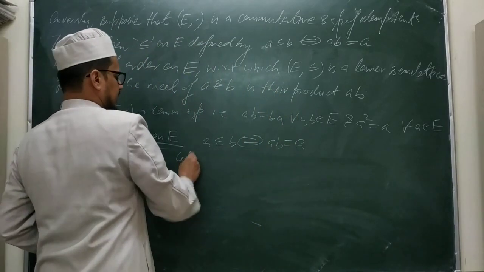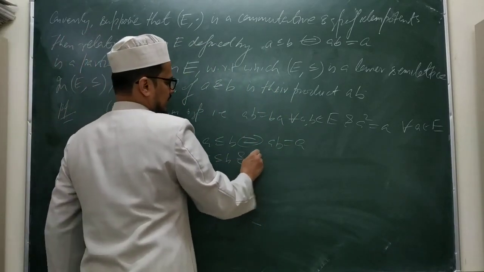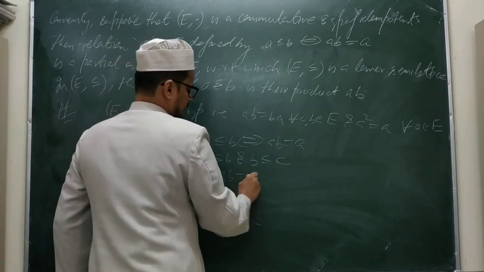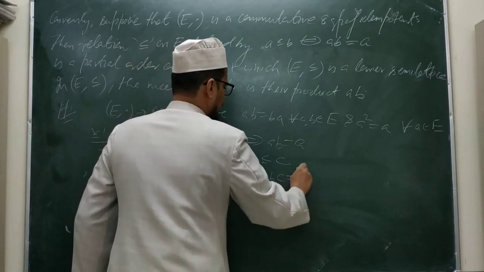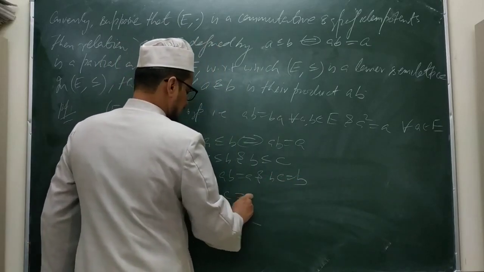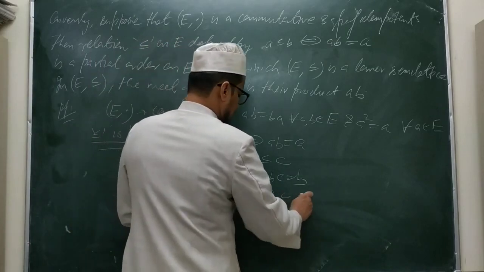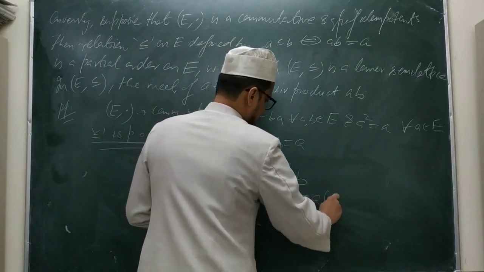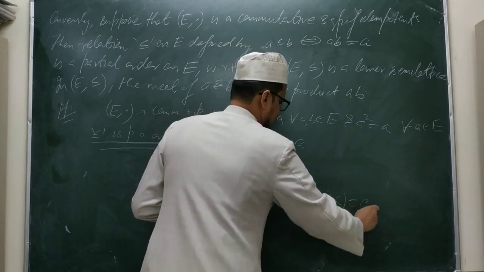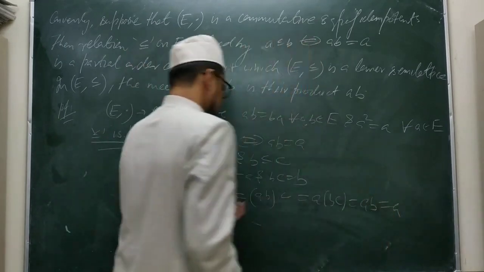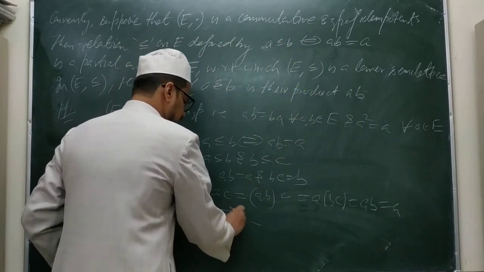Now assume A less than or equal to B and B less than or equal to C. Then you have AB is equal to A and BC is equal to B. Now just calculate AC. You can write A as A(BC). Since it is a semigroup, it is associative, so it can be written as (AB)C, and AB is A. So AC is A. What does it imply?